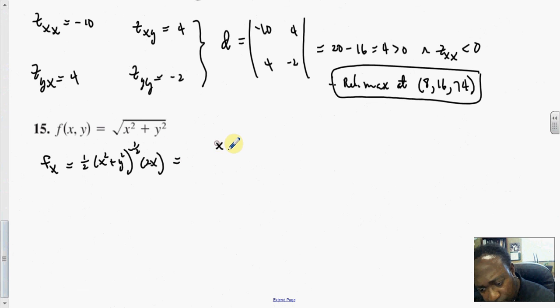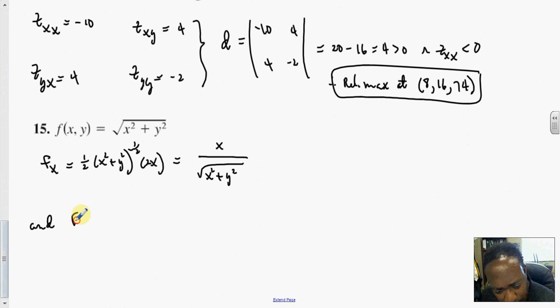So that gives us x all over the square root of x squared plus y squared. And the partial of f with respect to y is similar. This is y divided by the square root of x squared plus y squared.